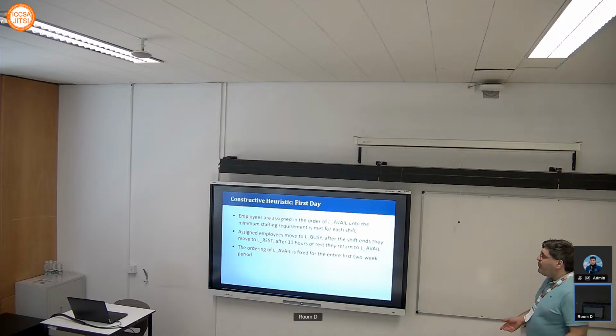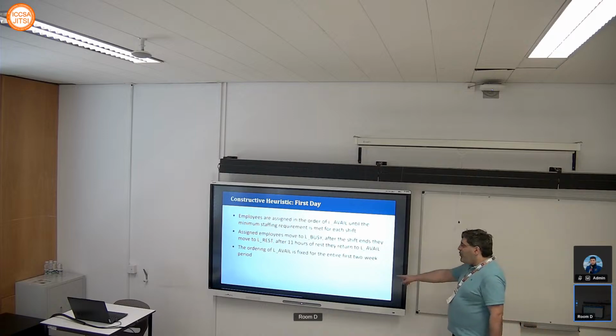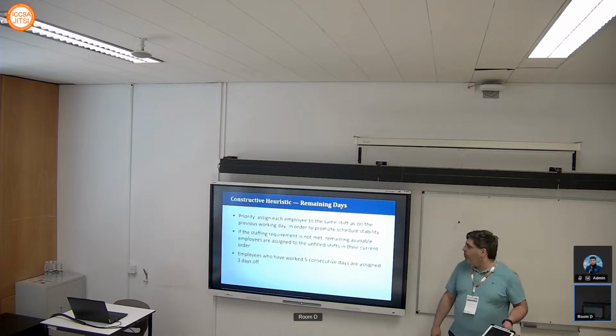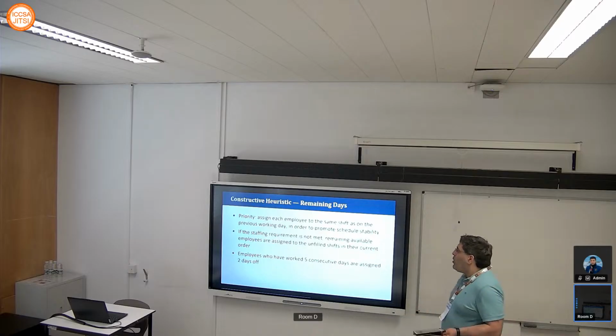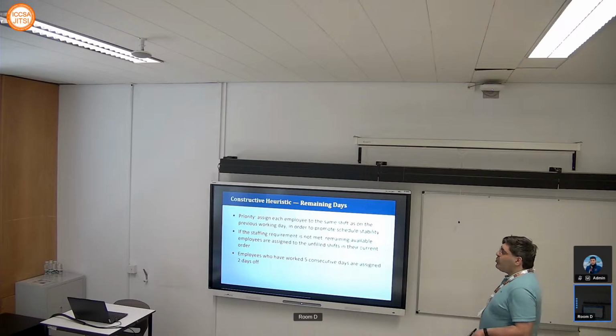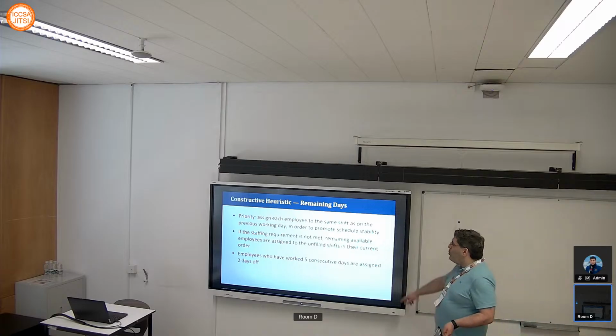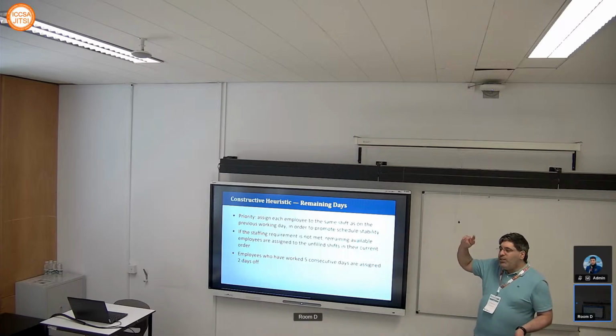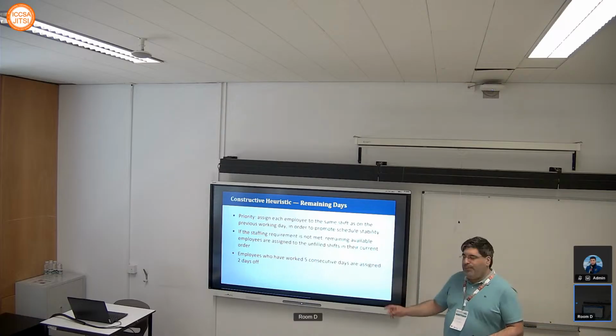The ordering of available employees is fixed for the entire first week period. It can change in the second part of the month. And here the priority is to assign each employee to the same shift as on the previous working day in order to promote stability. So we are always dealing with this dual metric, stability and fairness.